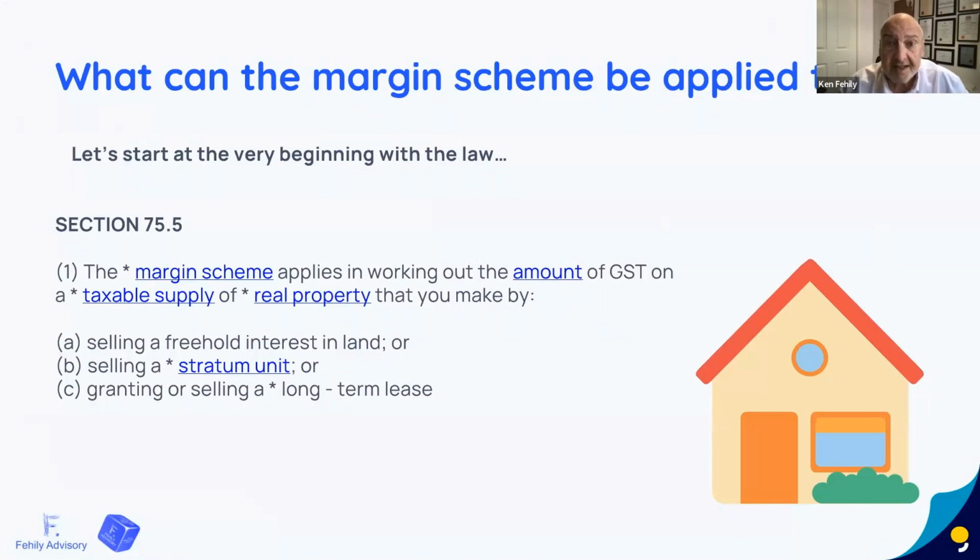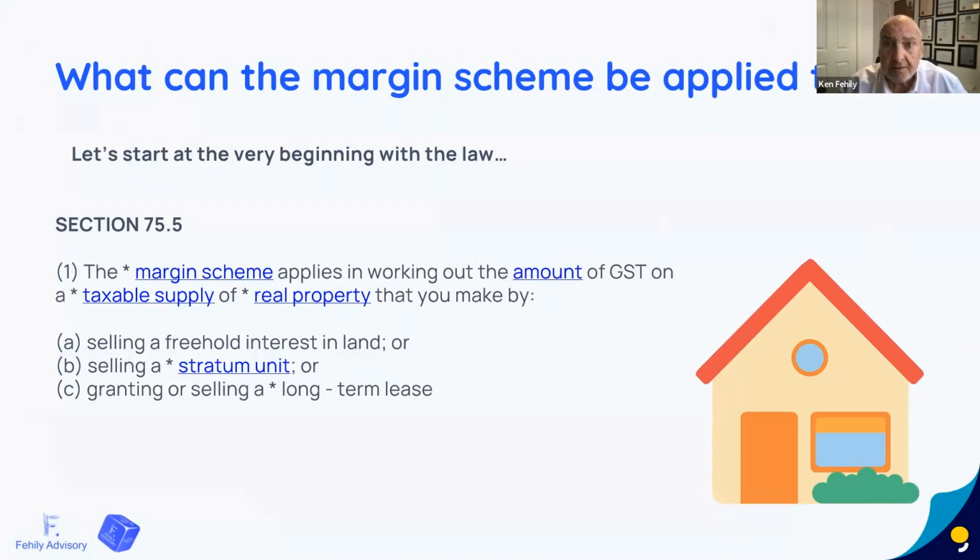The margin scheme, it's interesting they call it a scheme. It's not a tax scheme. It's an arrangement. It applies in working out the amount of GST on a taxable supply. Now, there's some words that you'll see in the legislation where there's an asterisk before it. For example, before a margin scheme, you'll see a little asterisk. You'll see margin scheme in some blue.